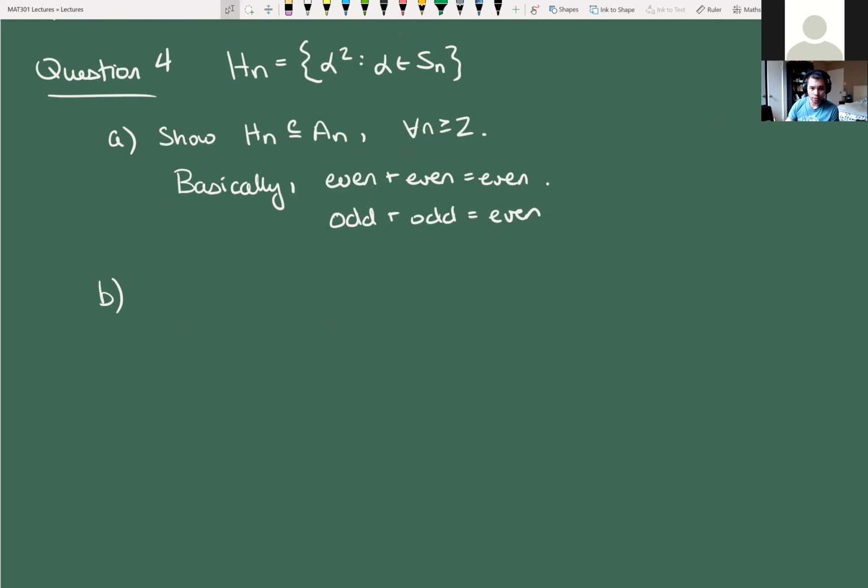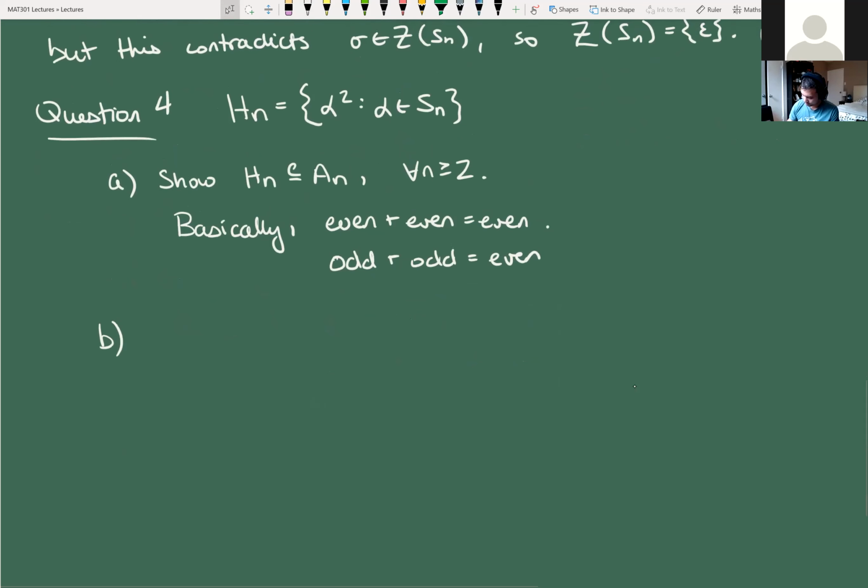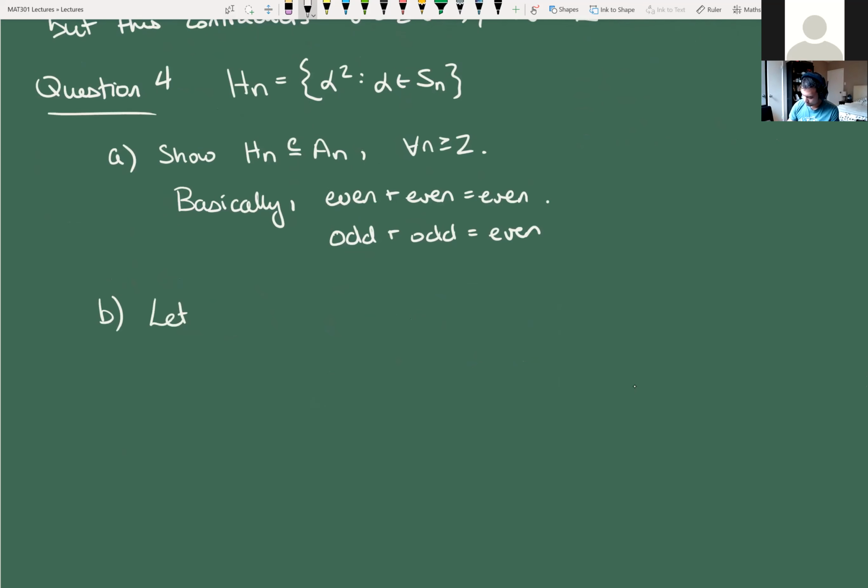So let's show that H5 is equal to A5. Okay, how many elements are in A5? Close. So 5 factorial would be S5, right?